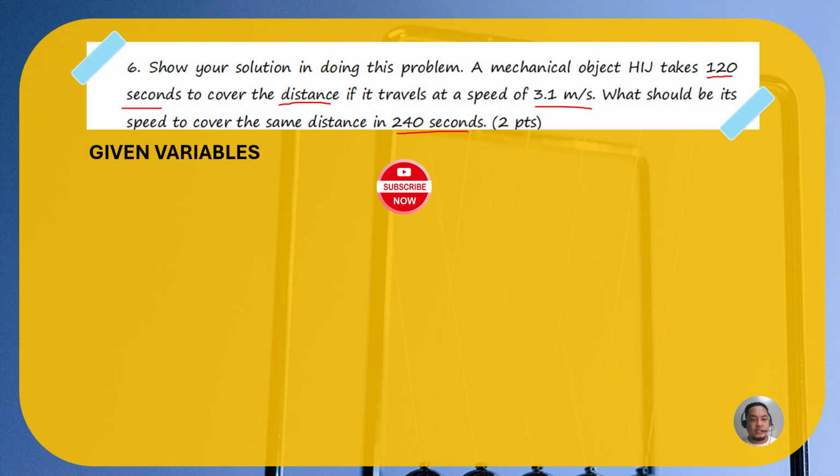And then another question here, what should be its speed to cover the same distance in 240 seconds? So we need to find the speed if we solved already the distance in the first step of the problem.